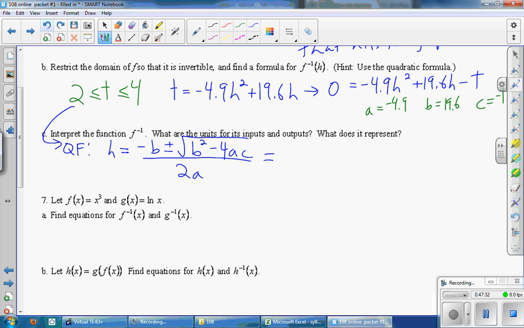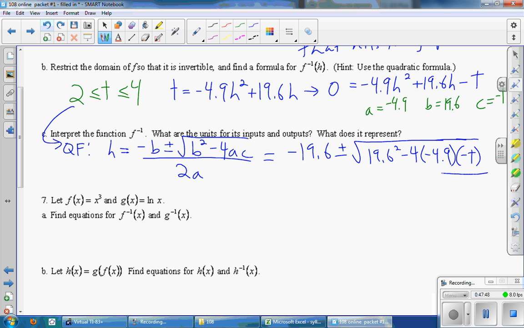So let's go through the nitty-gritty details here. Negative b, negative 19.6 plus or minus square root of b squared, 19.6 squared minus 4 times a times the weird part, c, which is negative t, divided by 2a.